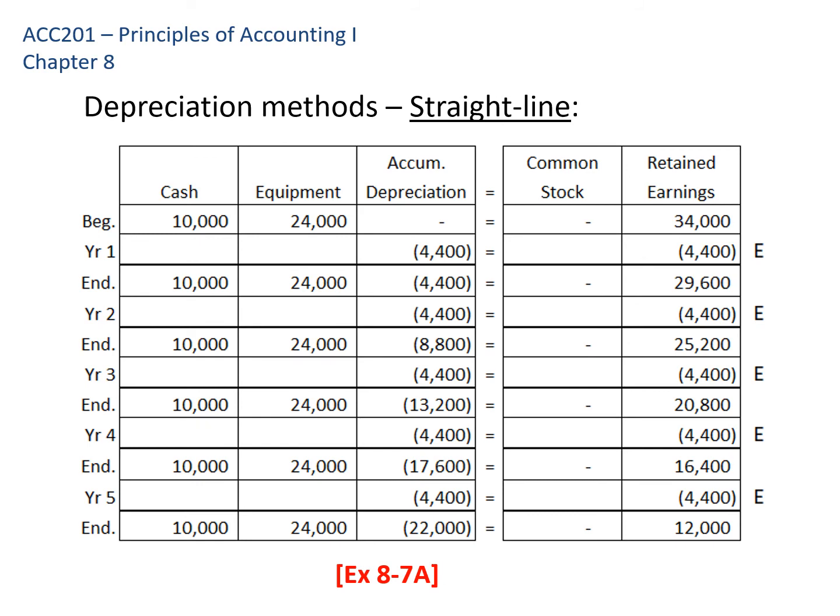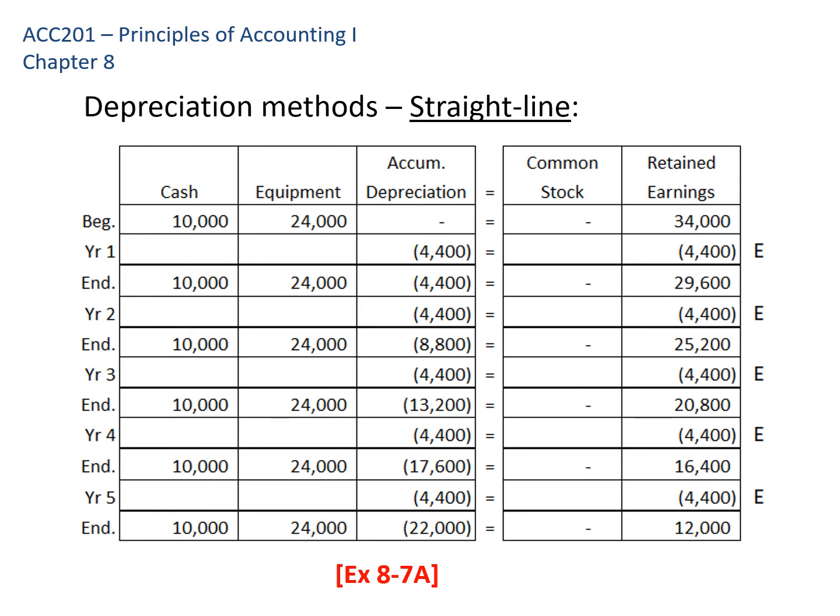So here's an example in a transaction grid. I start out with, in this case, 10,000 in cash, 24,000 in equipment, and 34,000 in retained earnings. At the end of the first year, I record a depreciation expense, which increases my contra account, that negative balance in accumulated depreciation, and reduces my retained earnings. I recognize an expense.